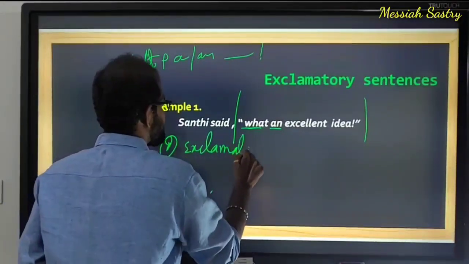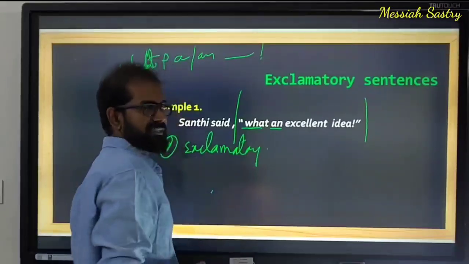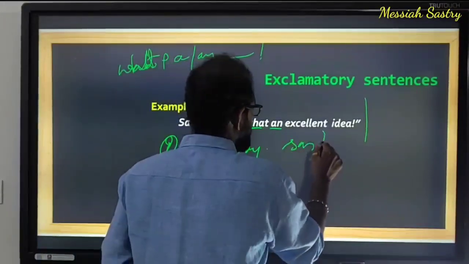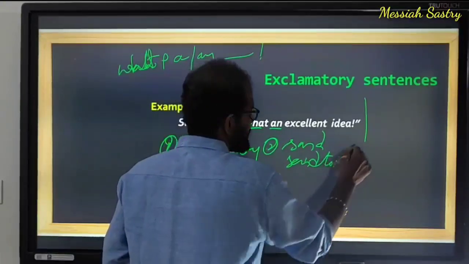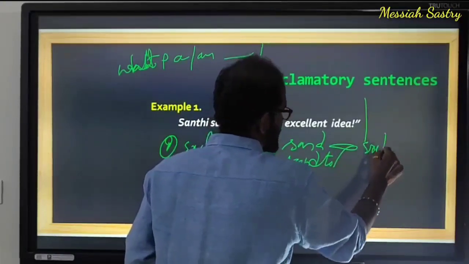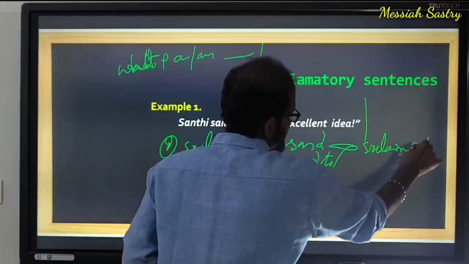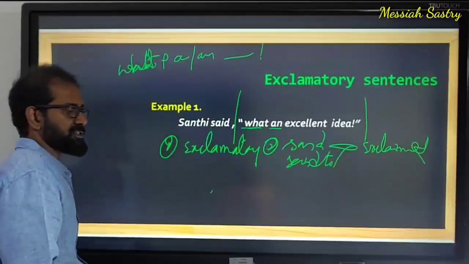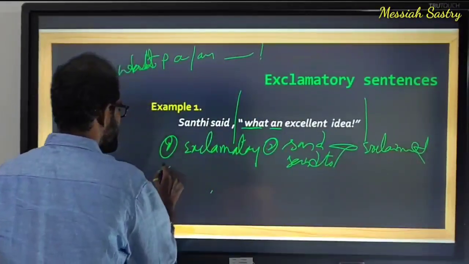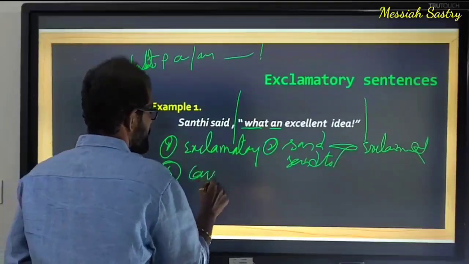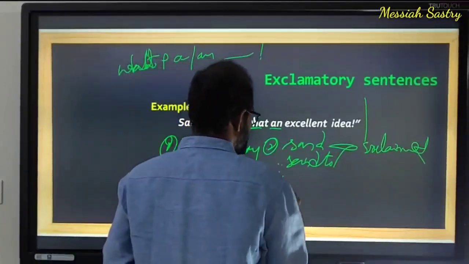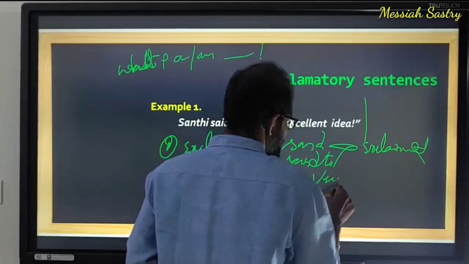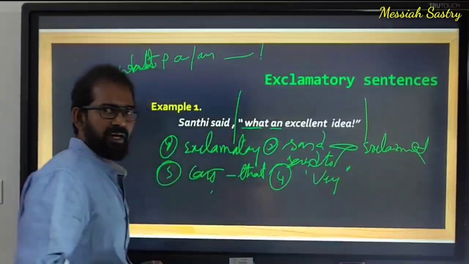If it is exclamatory, said or said to changes to exclaimed. Third, for the conjunction we use that. And fourth, we use very before adjective and adverb.